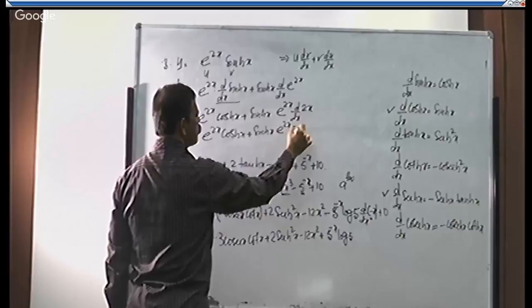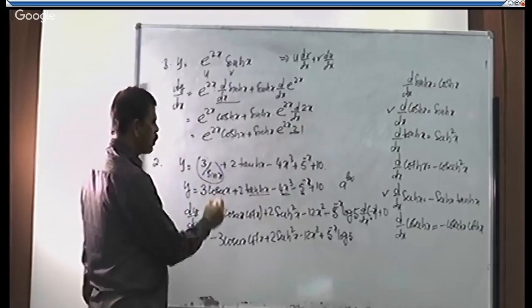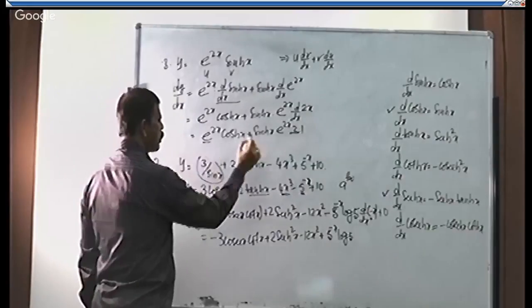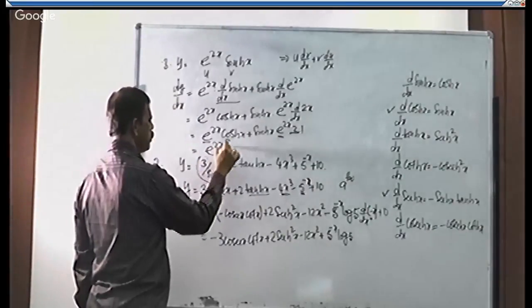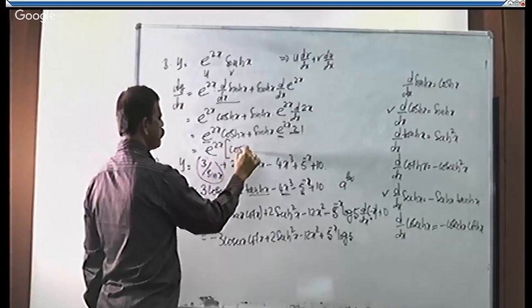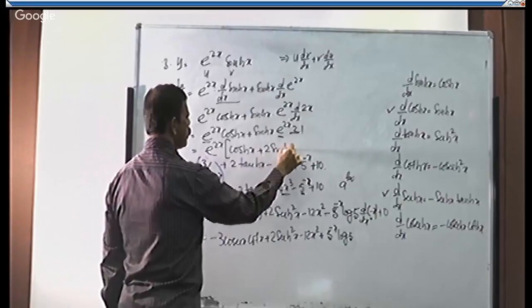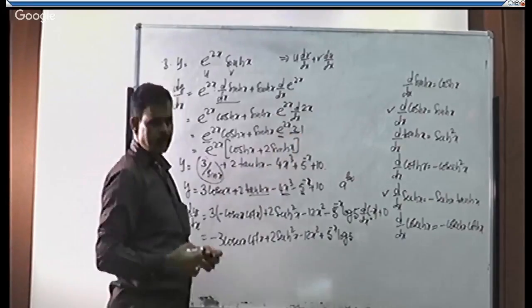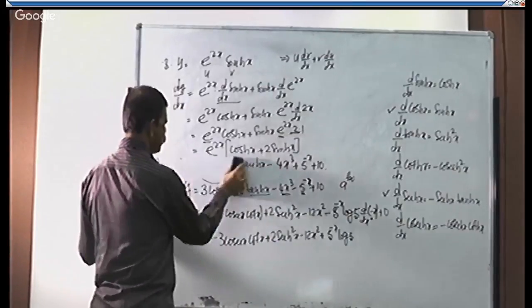Differentiation of 2x is 2 into 1. If you want further simplification, what you can do? You can take e power 2x as common. E power 2x into cos hx plus 2 into sin hx.